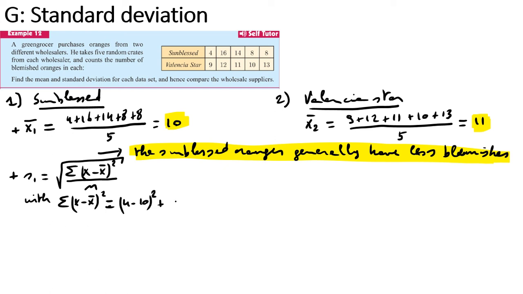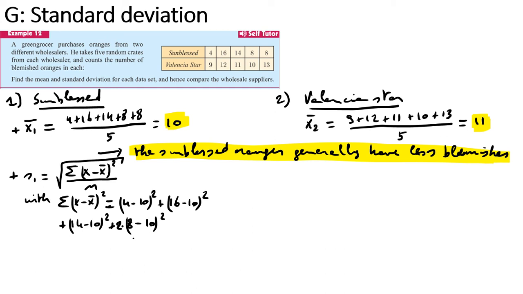Then plus the second value, 16, minus 10, the mean, squared, plus the third value, 14, minus the mean, which is 10, squared, plus the fourth value, 8, minus 10 squared, plus the fifth value, which is also 8, minus 10 squared. So instead of copying the fifth value, because we see that the fourth and the fifth are the same, we can just do 2 times 8 minus 10 squared.